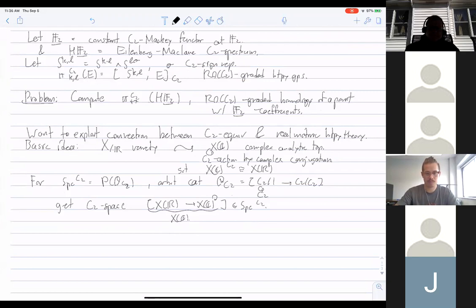So this assignment of C2 space to a real variety extends to define the functor of C2 Betti realization.